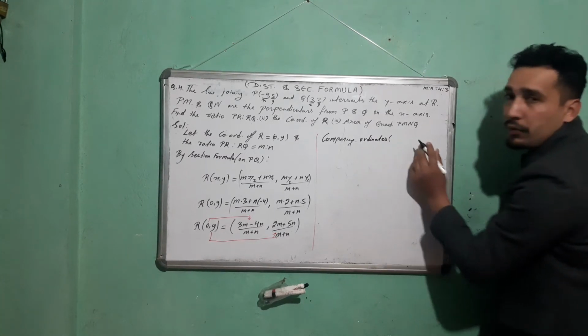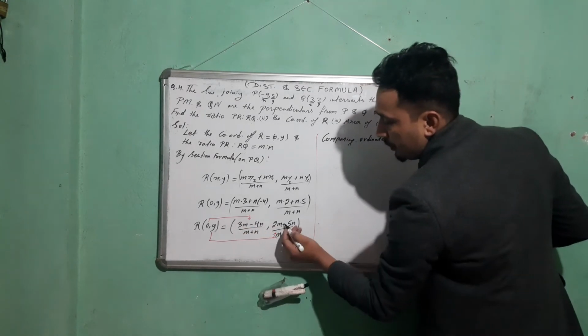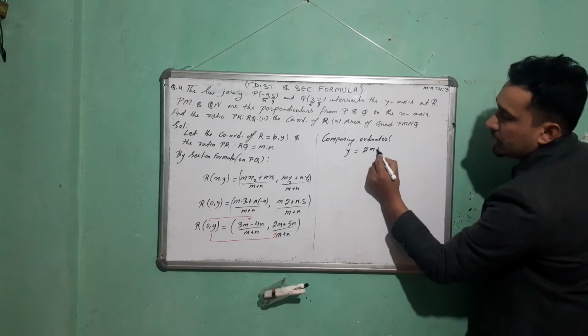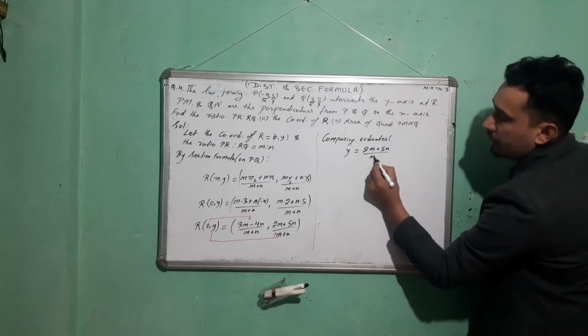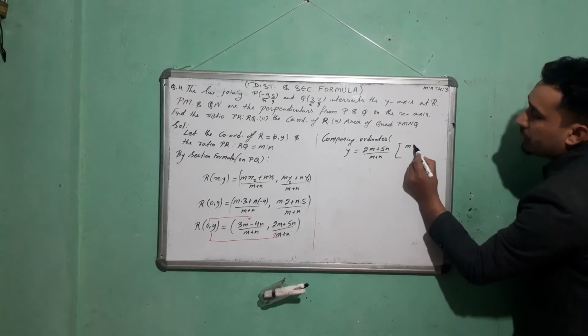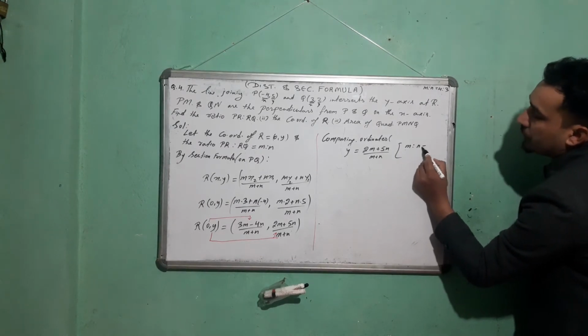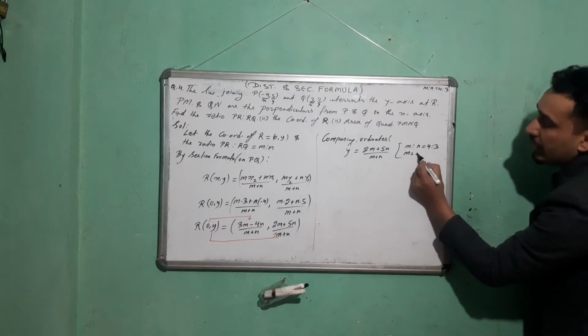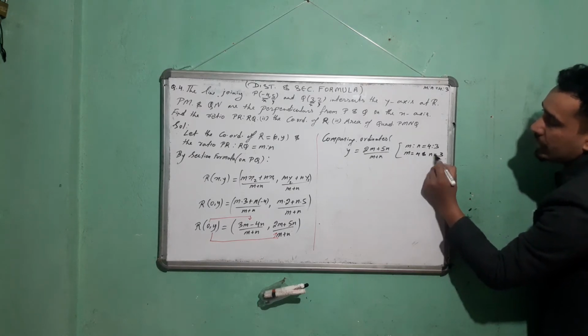Ordinates means the value of y. This y is equals to this part, so y is equals to 2m plus 5n upon m plus n. M is to n is equals to 4 is to 3, we have got this. So from here you can take m as 4 and n as 3.